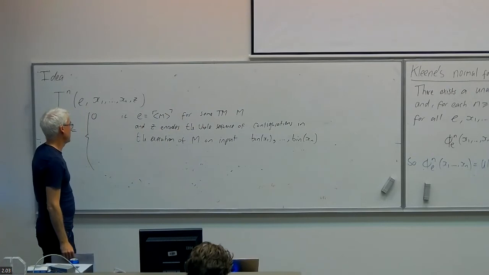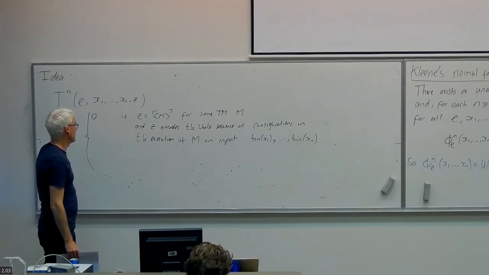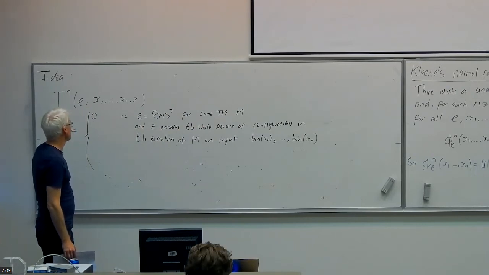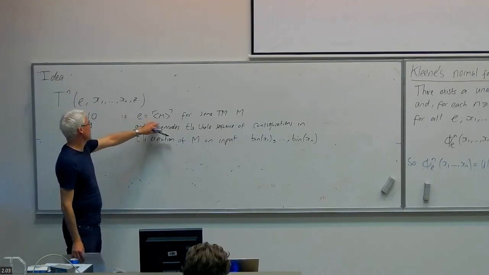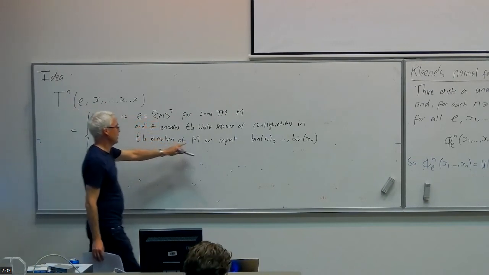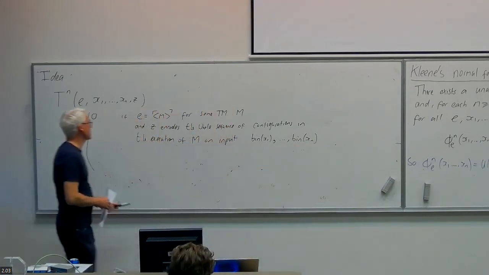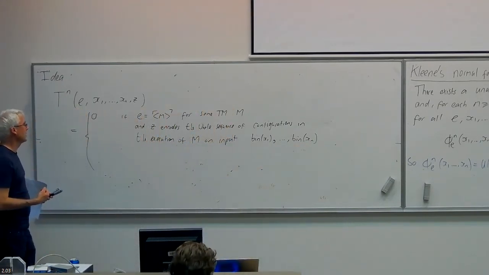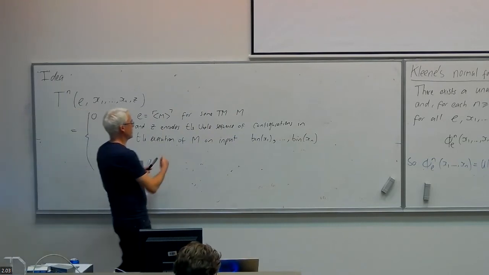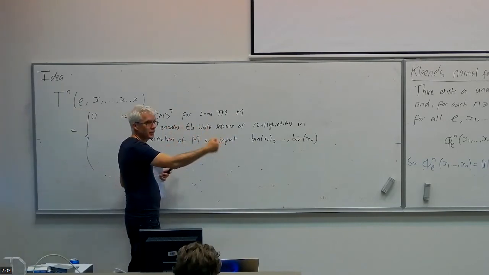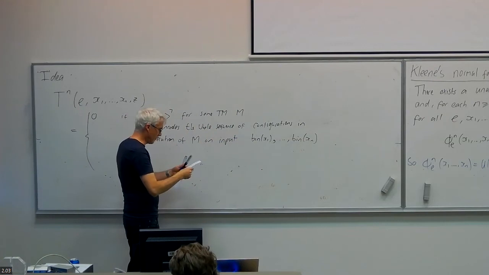Okay, so Z: we run the Turing machine M on the input of the binary representation of the numbers x1 through to xn, and we want Z to encode the whole execution sequence all the way to a halting configuration.